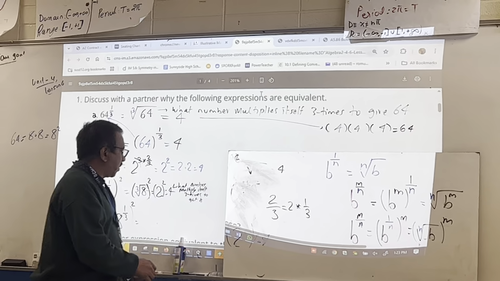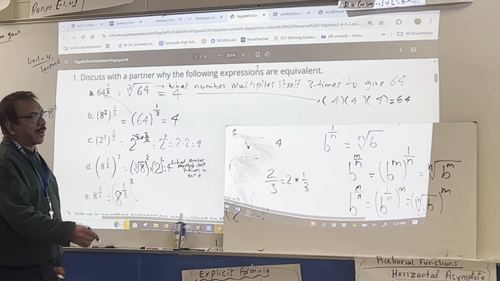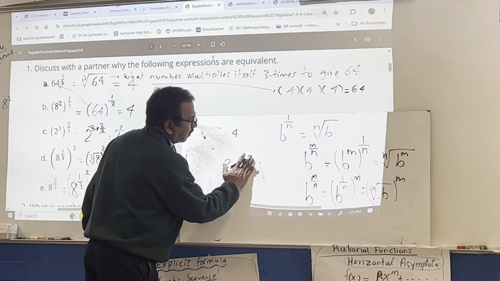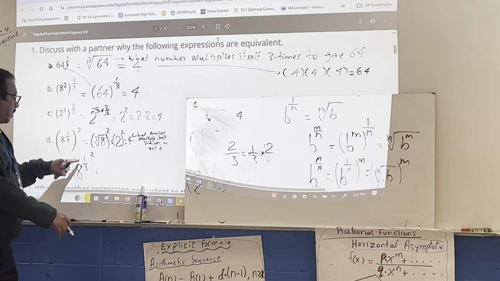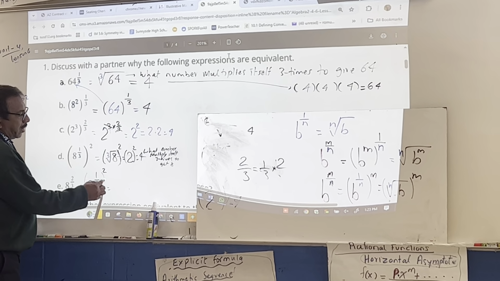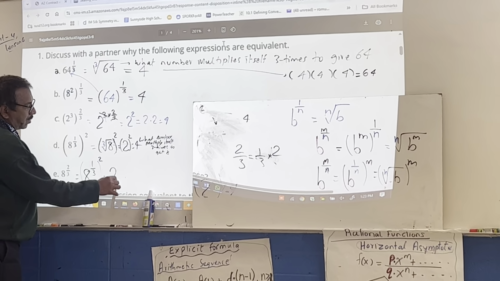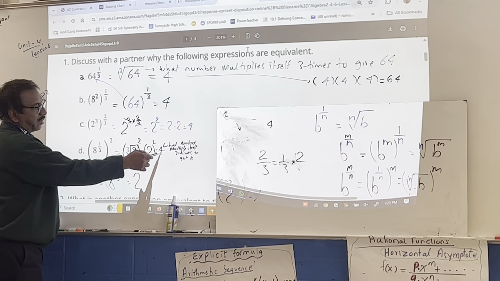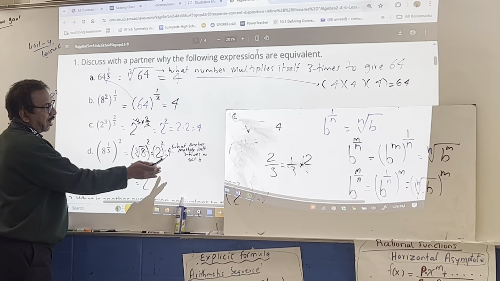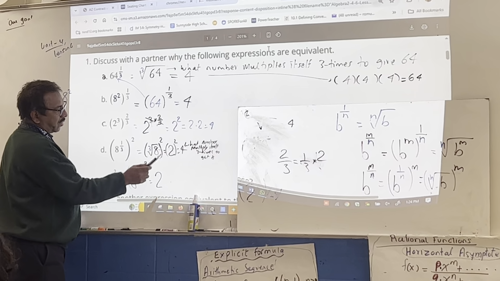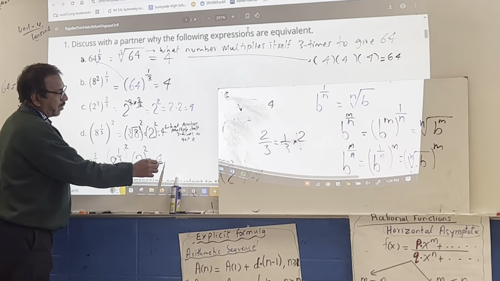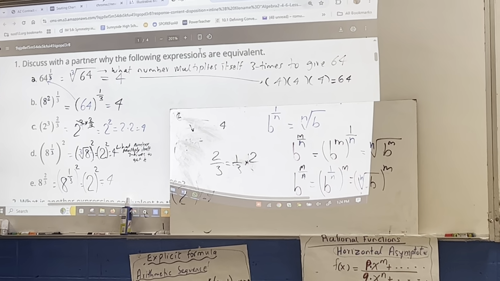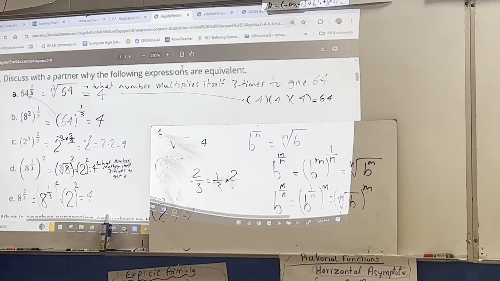So one of them you keep inside, so it is 8 raised to 1/3, and then 2. So 8 raised to 1/3 is 2, which you already worked out here. This answer was 2, and the square is 4. Is that correct?